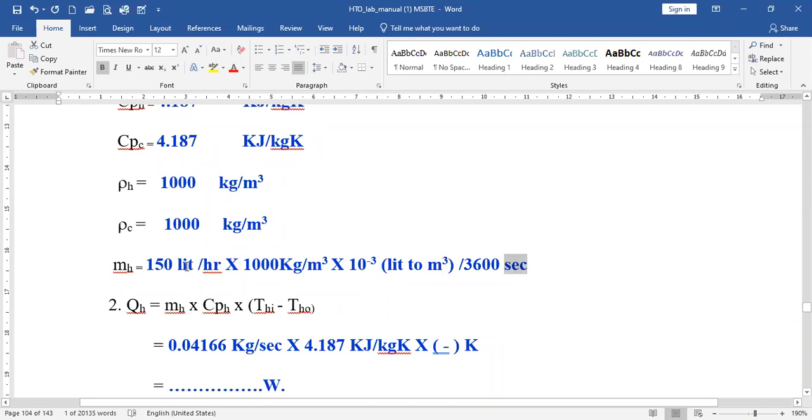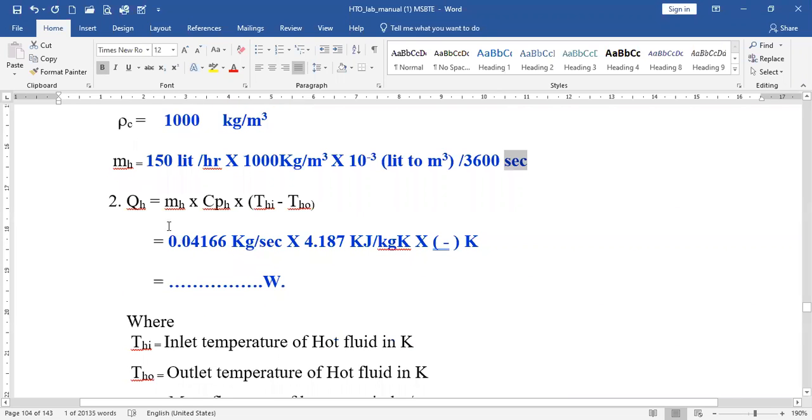To convert liters into meter cube, we multiply by 10 raised to minus 3. That is the conversion factor. And for converting hours into seconds, we divide by 3600, right? So we can get the mass flow rate of hot water in terms of kg per second.